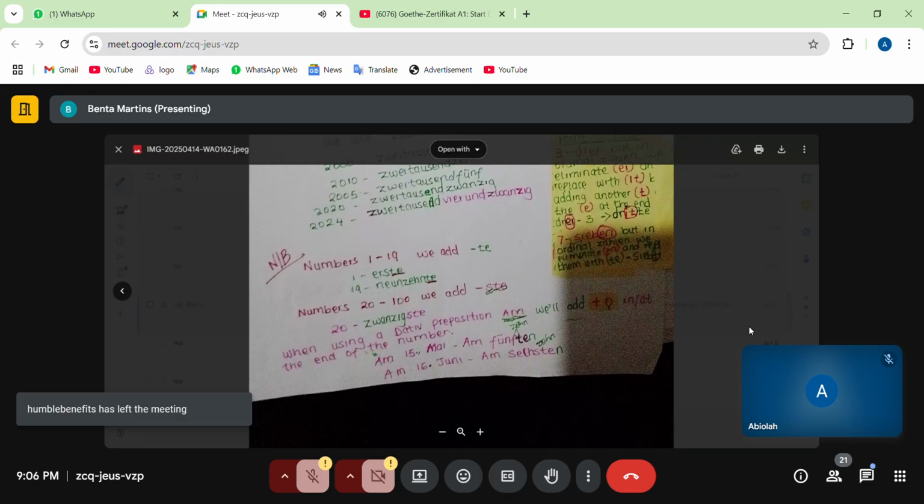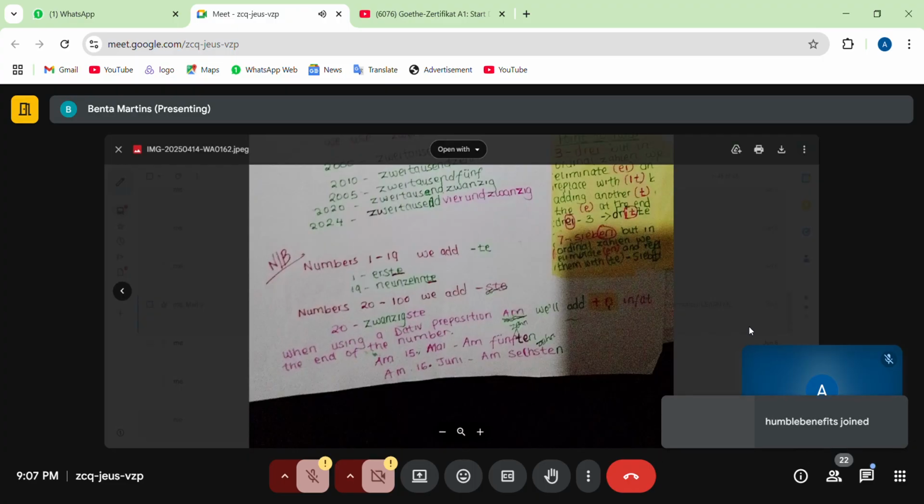For the rules from 20 to 100, like adding STE, we're going to add N again. For example, 20. Mai. This is specifically used when you're talking about the date of the month, like on the 20th of May.